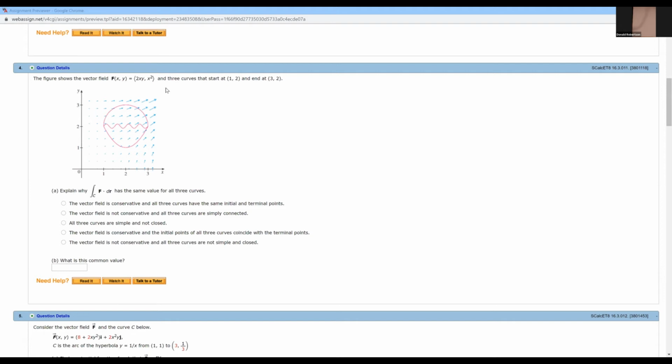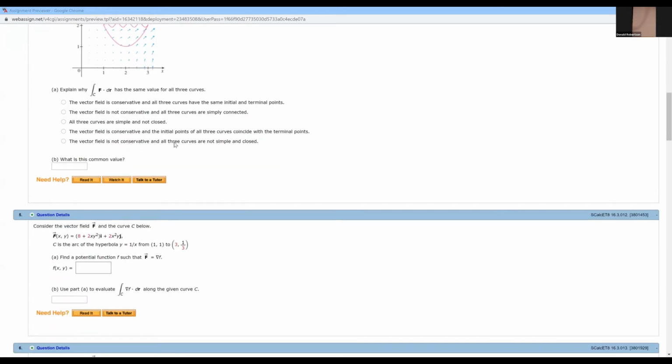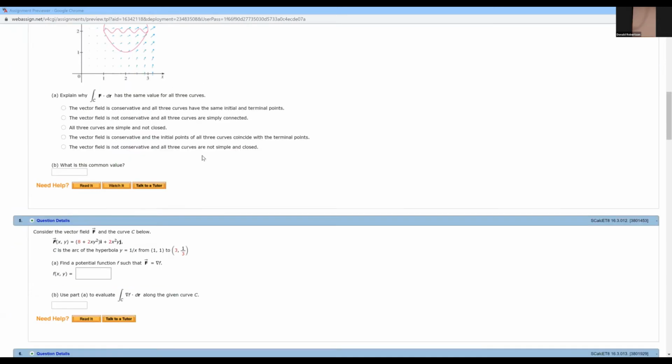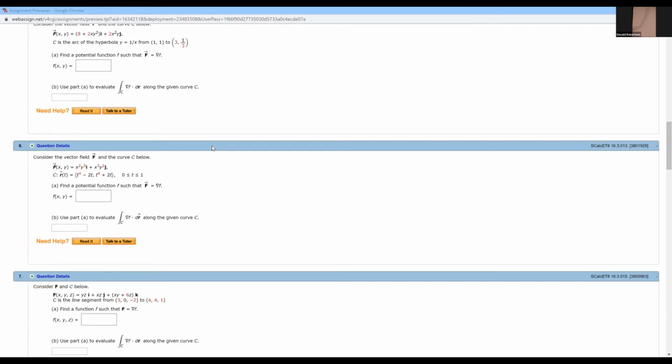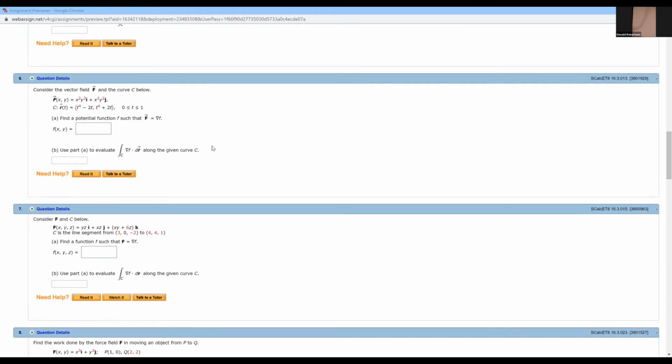If you have a conservative field, isn't it totally independent of how you get from here, which is the start, to here, which is the finish? The line integral will always be the same answer in a conservative field. So that's what that was about. And then they ask you to evaluate it, but you can do that. That's too easy. Got to stop somewhere. Okay.